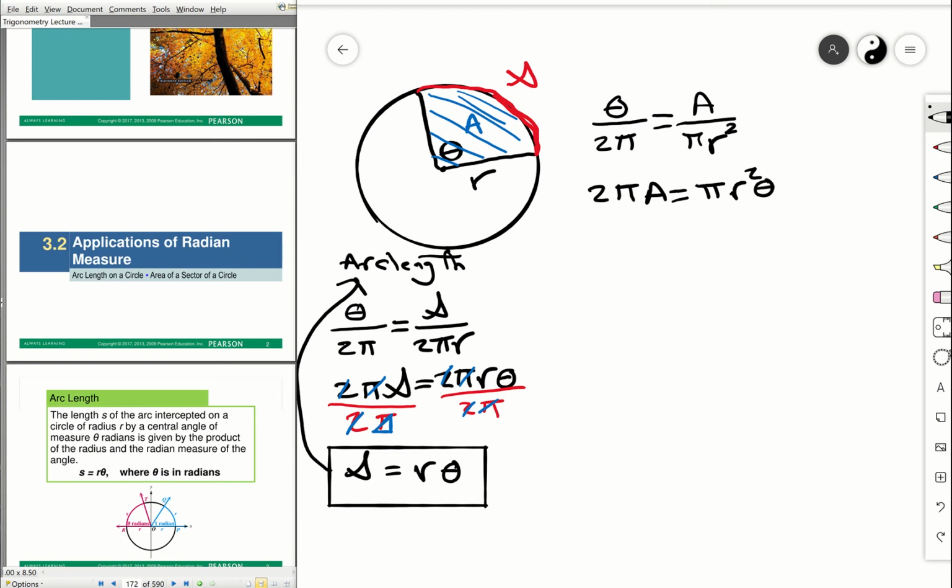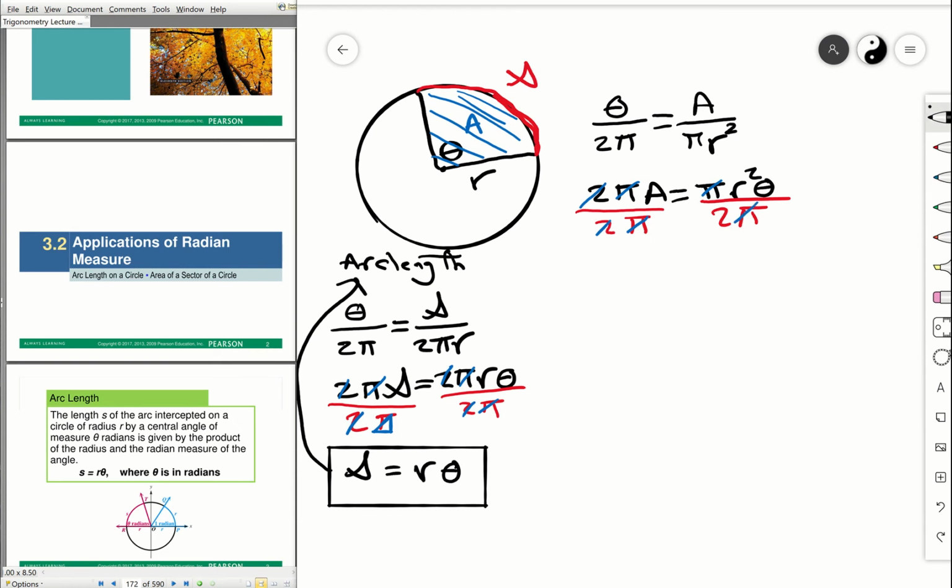Now, if we solve this simple equation for a this time by once again dividing both sides by 2 pi, we notice that here the 2's cancel out as well as the pi's, but on the right side only the pi's cancel out.